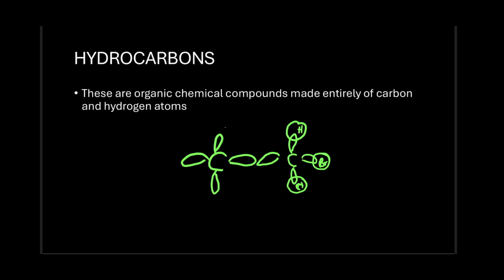We can also have chlorine here, and then hydrogen atoms bonding with these carbons. So from our structure here, we can see that this hydrocarbon is made up of what? These carbon atoms, let's say carbon 1 and carbon 2, and then hydrogen atoms. We can see it is made up mostly of hydrogen atoms and then the carbon atoms.